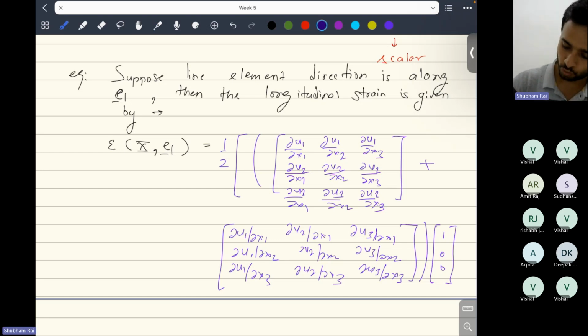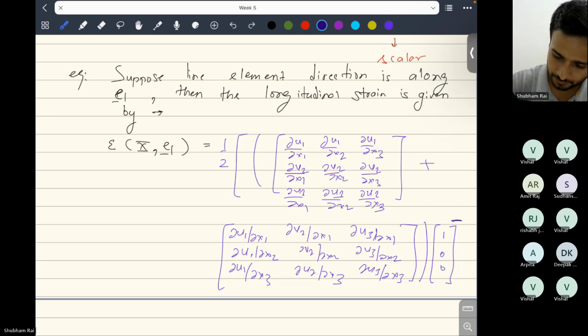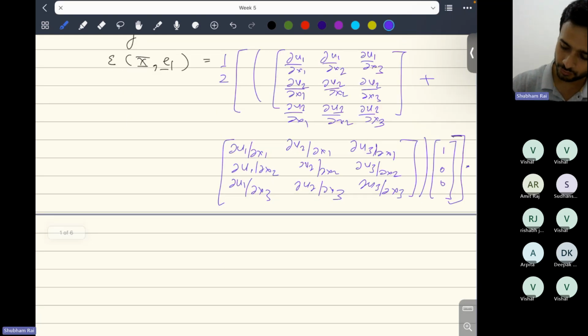And then you dot with e1 itself. This whole quantity will be a vector, and then you have to dot this with e1 only, so you have to do 1 0 0. So let's see what we get.